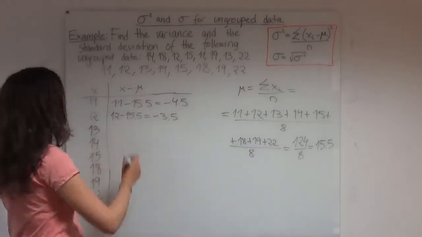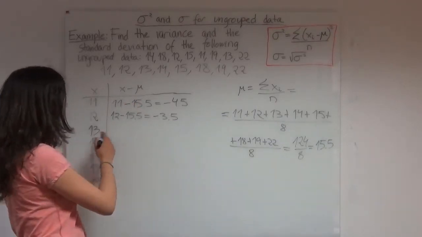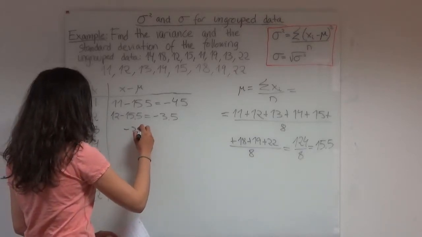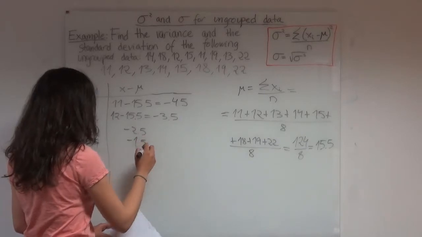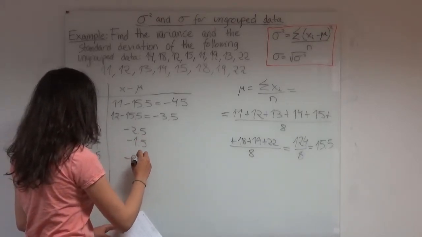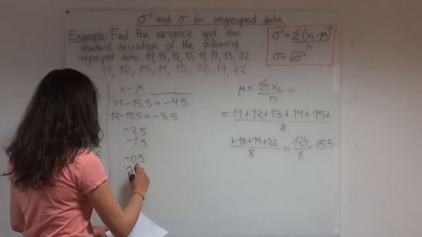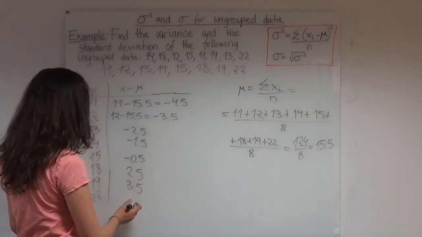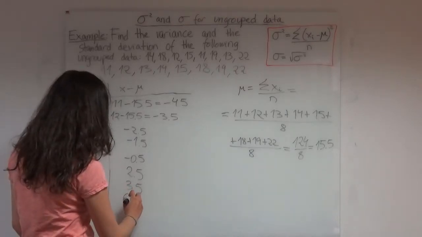And we just work along the same with the rest of the values. So 13 minus 15.5 is equal to minus 2.5. 14 minus 15.5 is minus 1.5. 15 minus 15.5 is minus 0.5. And then this is 2.5, 3.5. And finally 22 minus 15.5 is going to be 6.5.